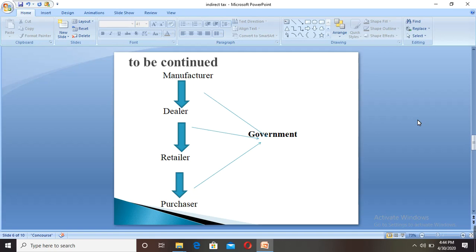And the manufacturer, dealer, retailer, and purchaser all are responsible to pay tax to the government. So the government collects tax from the different entities in each and every stage of sale.